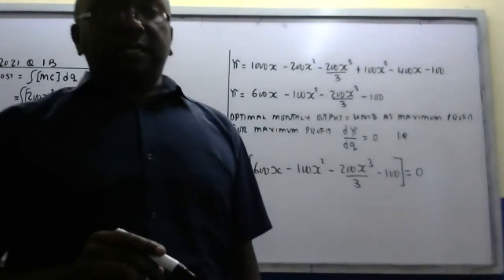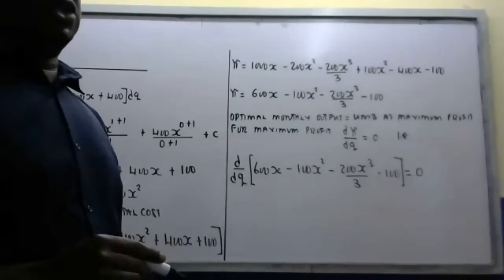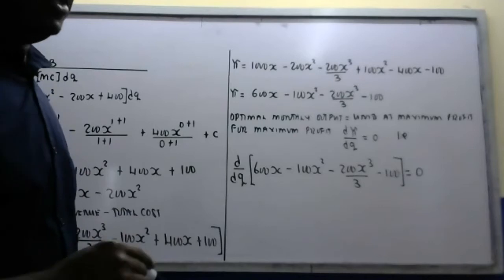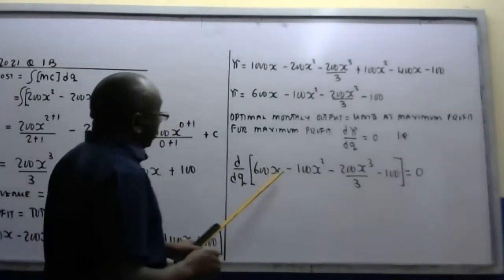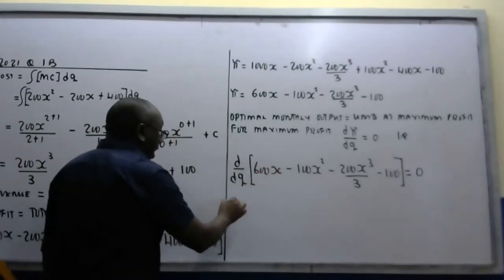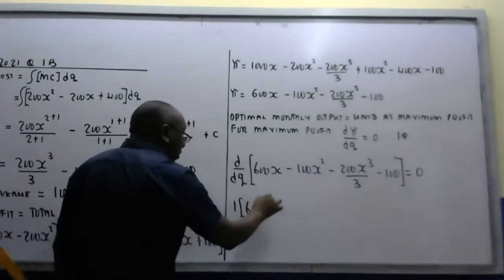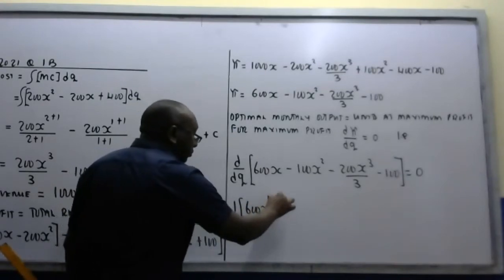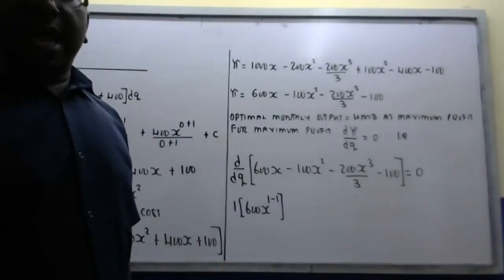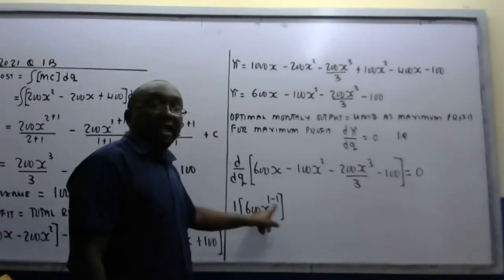When you differentiate, I've told you integration is the opposite of differentiation. So now we are differentiating. This one, it is 600x raised to power 1, so you multiply by 1 and subtract 1 from the power. So that when we need to integrate, we will add back 1 and divide by the new power.